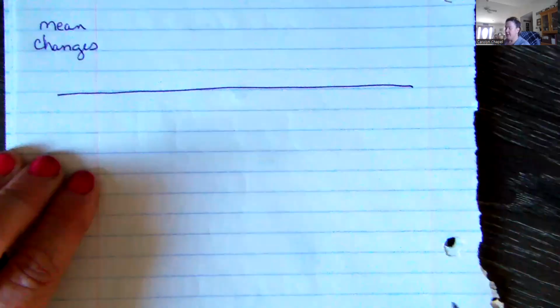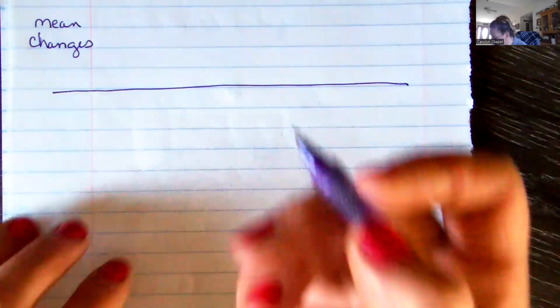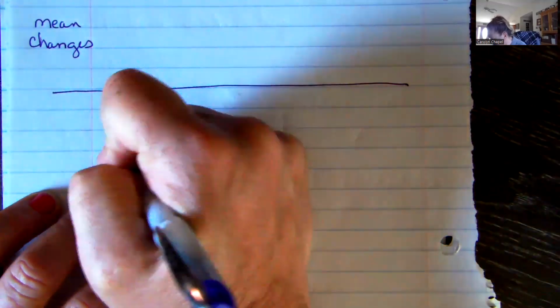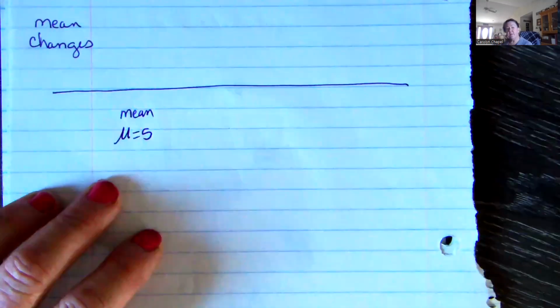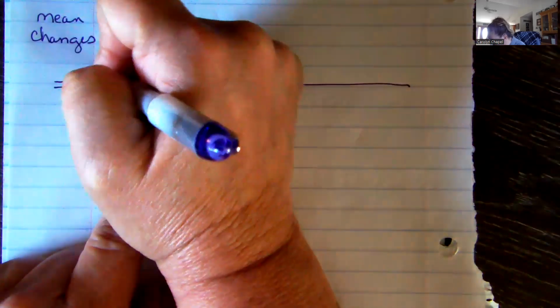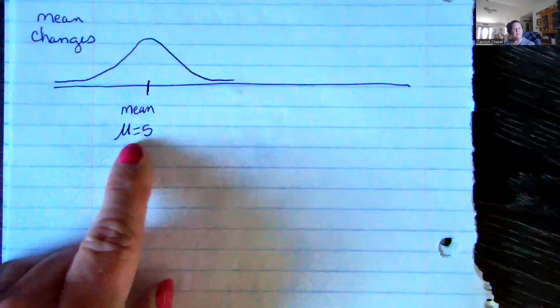Here's our wonderful x-axis, whatever it happens to be. And let's say that we had a mean of 5, so mu equal to 5. If this is a normal curve, that means the high point, the top of the bell, is going to happen at 5. Whoops, I missed. Okay, we'll put our 5 right there.